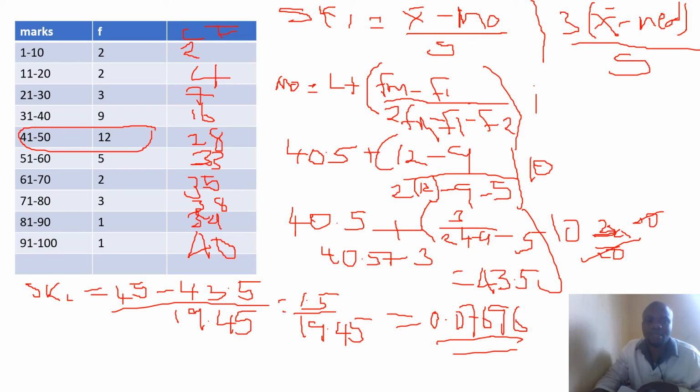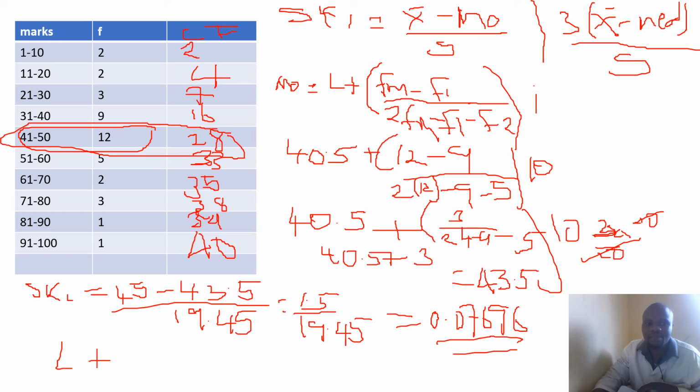So the same case we can use to get the skewness using the median. So what we need here is the median. Remember, we can get the median using the lower class plus n divided by 2, which is our n of 40 divided by 2. You can see that this is our median class.